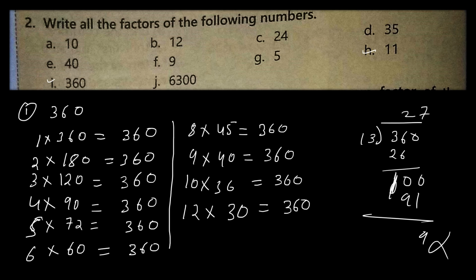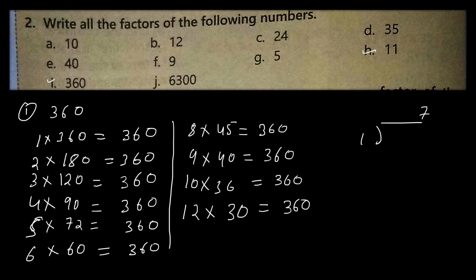So let's try with 14. By 14, 360. 14 1 is 14, 14 2 is 28, 14 3 is 42. Not possible. So 14 2 is 28.